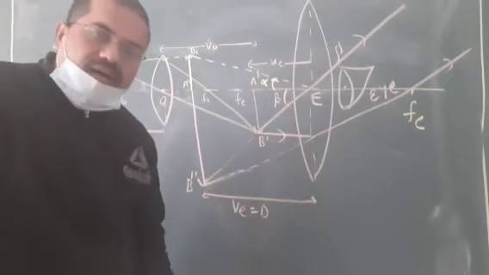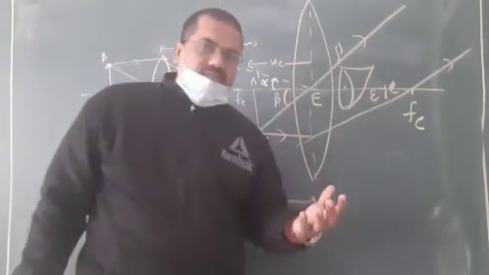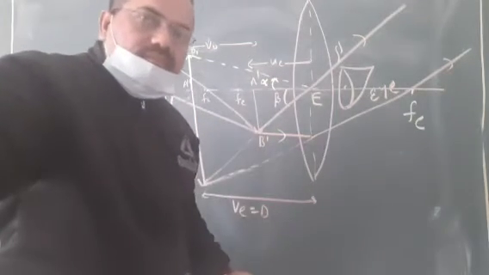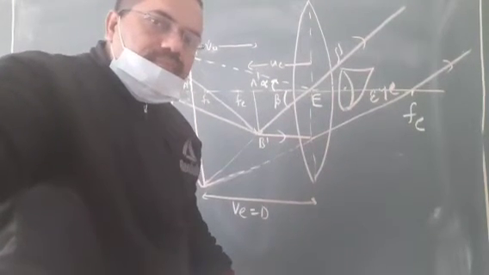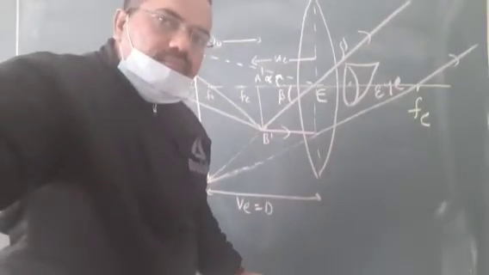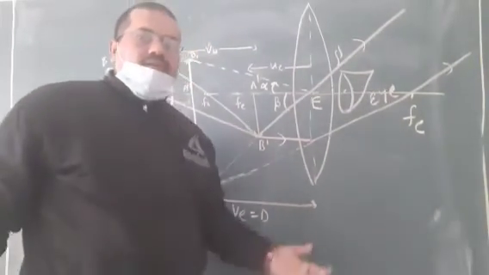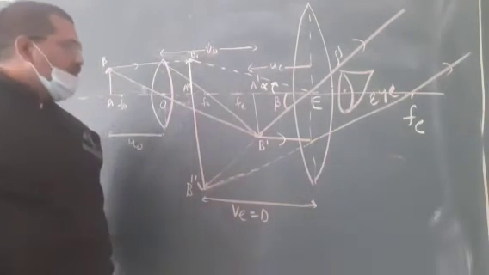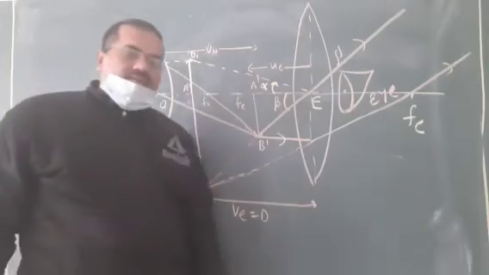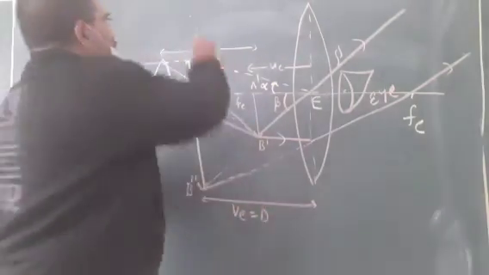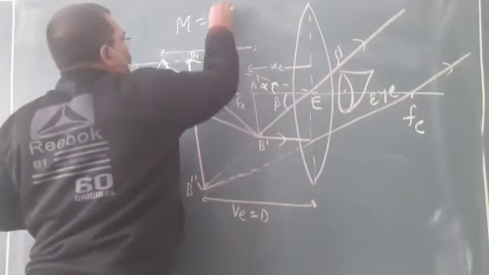As we discussed in the previous lecture about the simple microscope, magnifying power is also known as angular magnification, that is M equal to beta upon alpha.